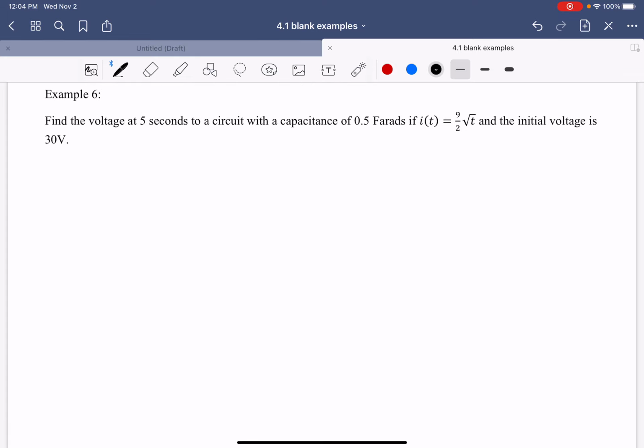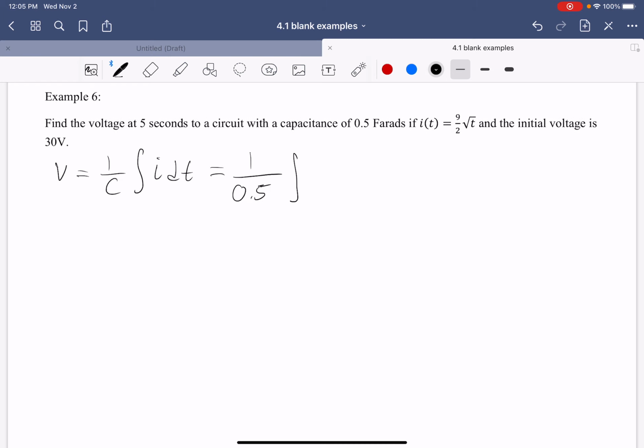Now we're going to find voltage, and we know the capacitance and the current. So we use V equals 1 over C times the antiderivative of I. And I'm going to rewrite the square root of t as t to the 1/2.